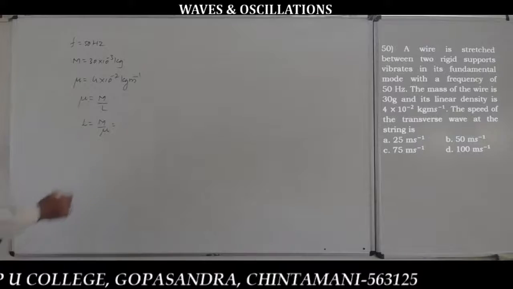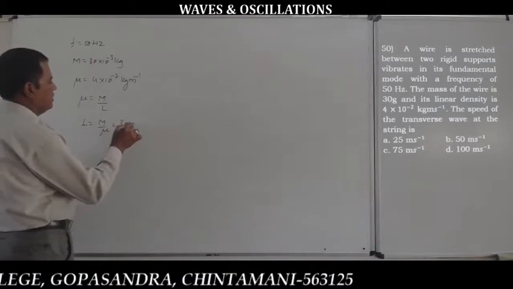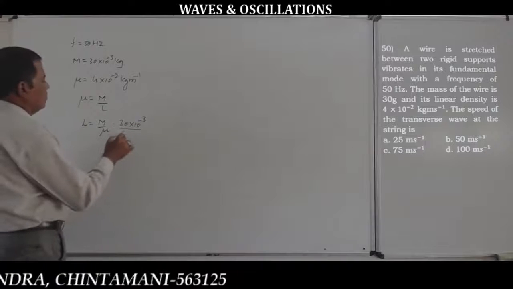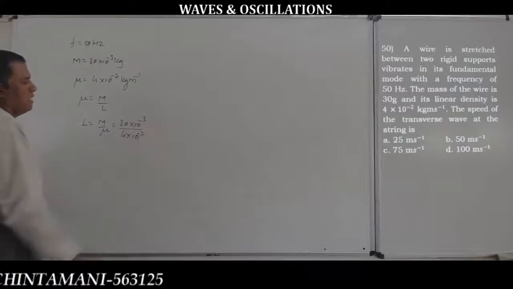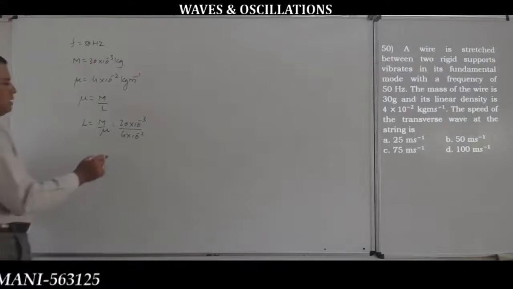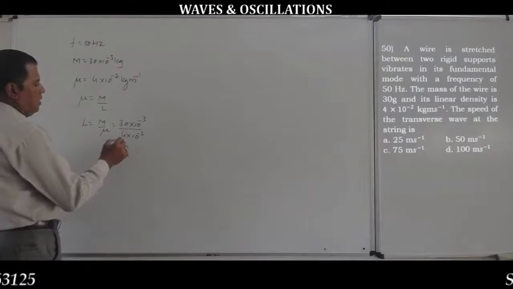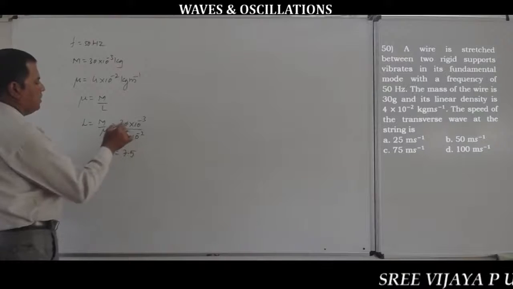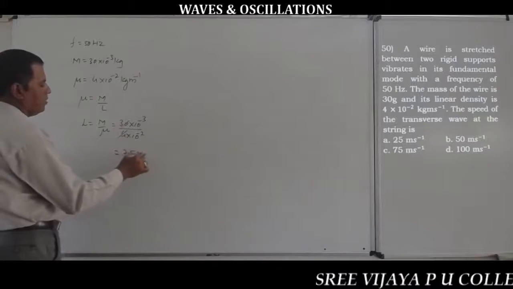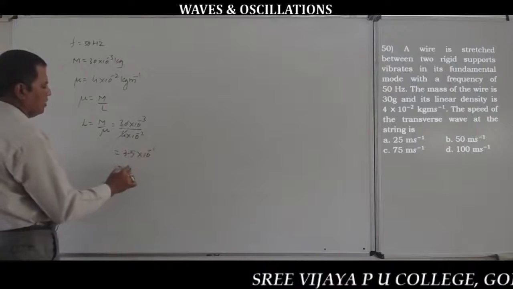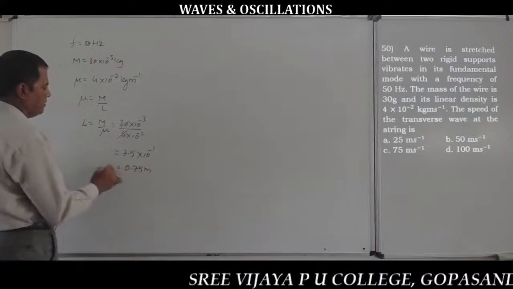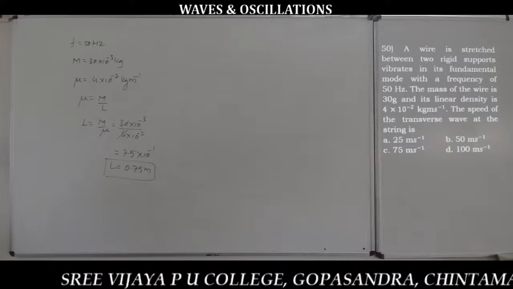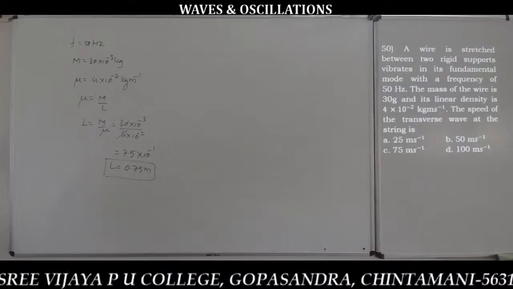Mass 30 into 10 power minus 3, mu 4 into 10 power minus 2. We get 7.5, 7.5 into 4 we get 30 into 10 power minus 1, or 0.75 meter. So I have found the length L value, 0.75 meter.